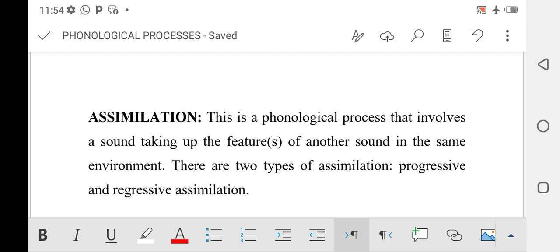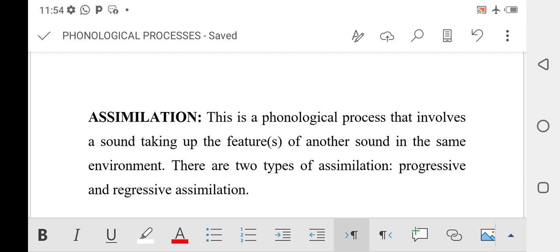But when we are looking at regressive and we are still looking at TANKS, we still have our phoneme K, all right? And in regressive assimilation, it is looking at the phoneme that came before it, which is N, okay?